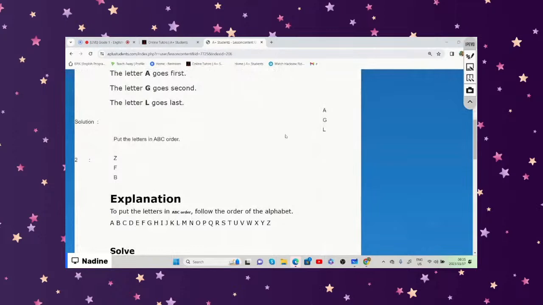All right, now we are going to put these letters also in alphabetical order, which is Z, F, and B. So you're going to try and find the letters in the order of the alphabet.